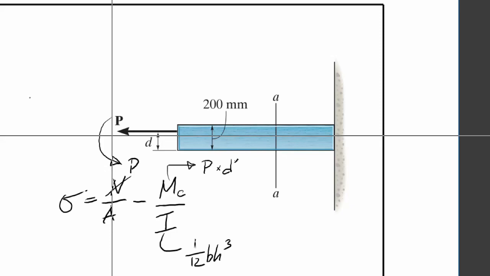D prime would be measured from the center line, so that ends up turning into D minus 0.1 meters, because you're measuring from the center line and that distance is 0.1. You can also take a different point of reference and you get the same answer, so it really does not matter.